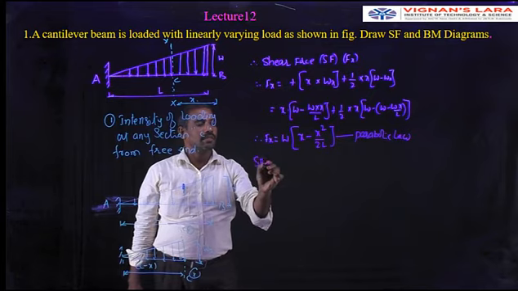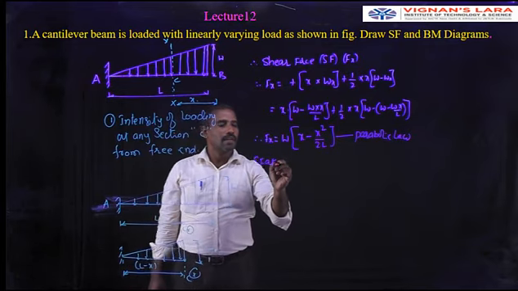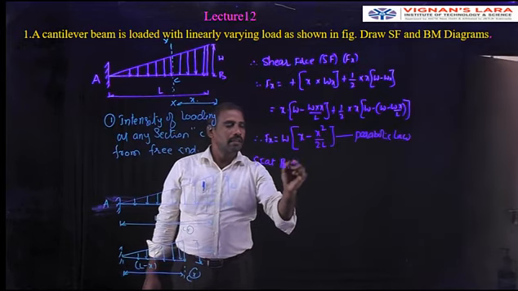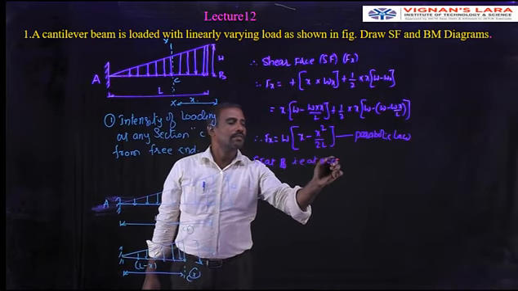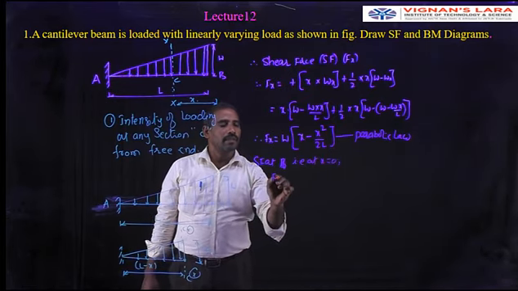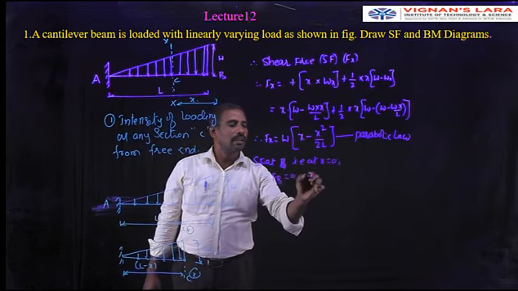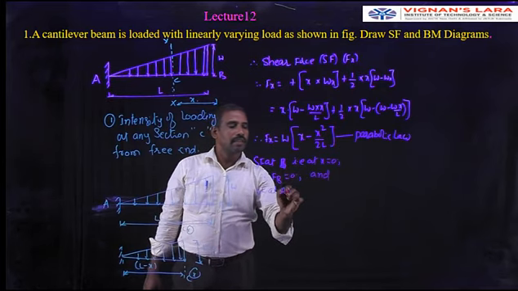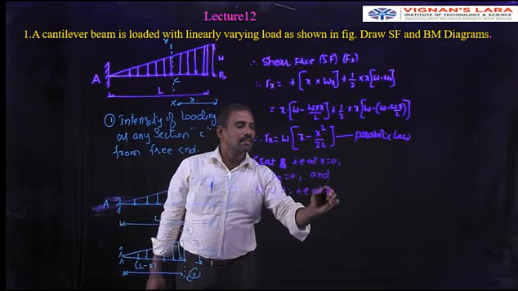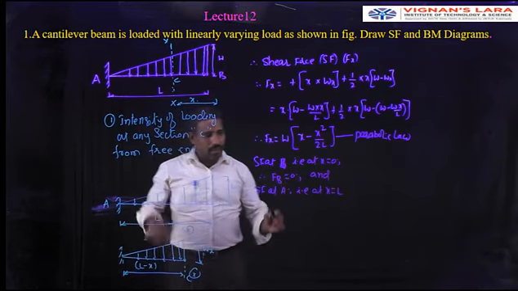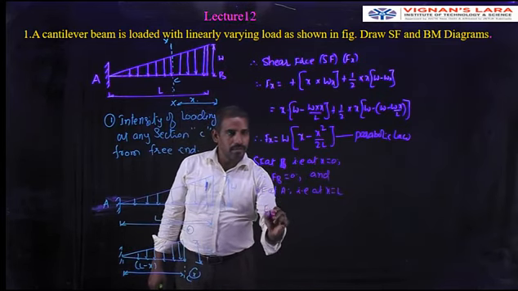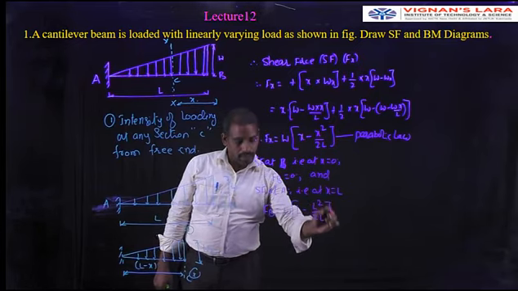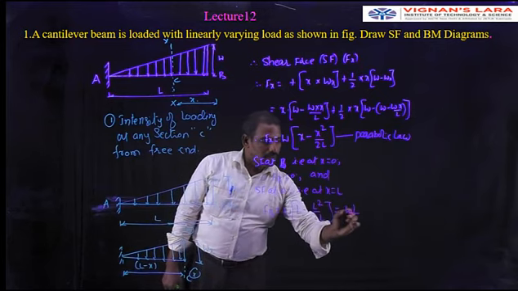Then SF at B, that is at x is equal to 0. Therefore, FB is equal to 0, and SF at A means at x is equal to L. If you substitute that value, finally it is W into (L minus L square by 2L), which is equal to WL by 2.